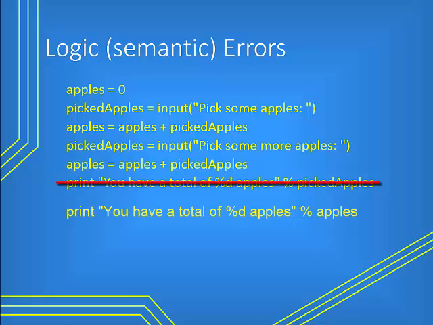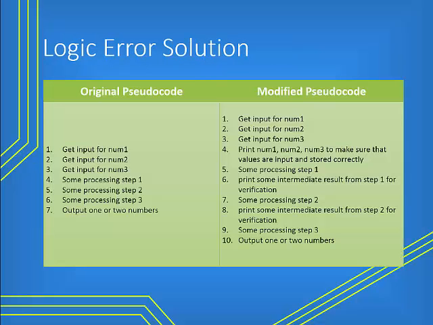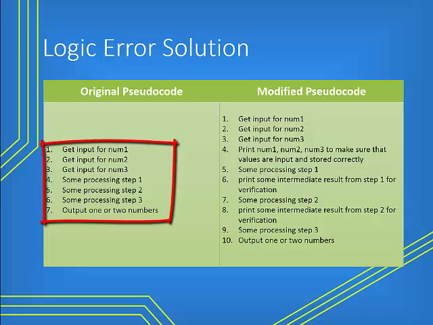This simple example is easy to fix, but in a more complicated program, it can be difficult to find such problems. Consider this hypothetical pseudocode for an input process output design pattern program. In the first pseudocode, you cannot be sure that all of the input and processing code is working correctly.